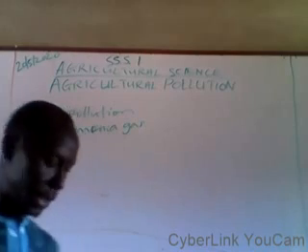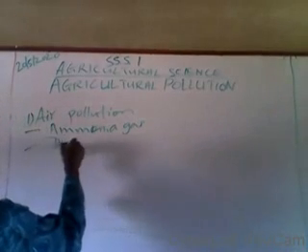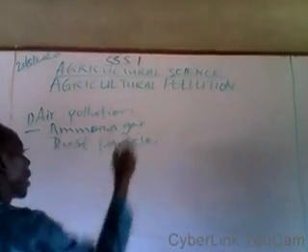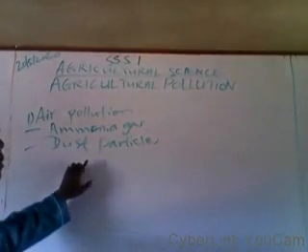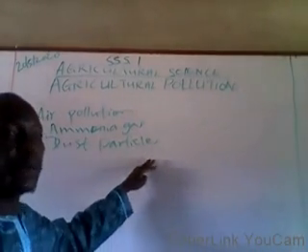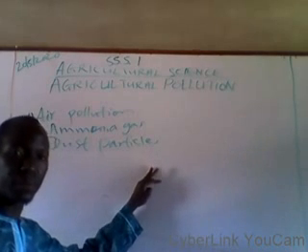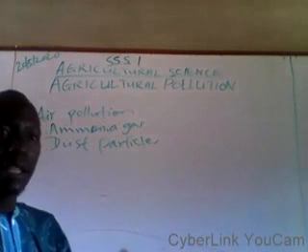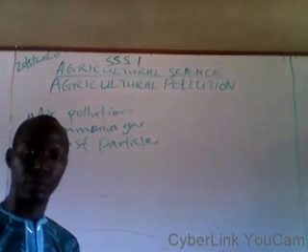Another air pollutant is dust particles. The source of this dust particle is from feed mills. Feed mills, that is where they prepare animal food.